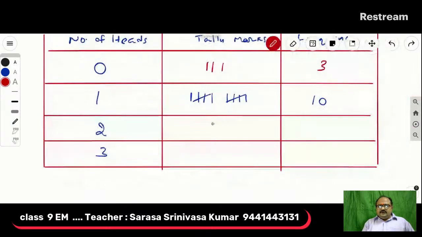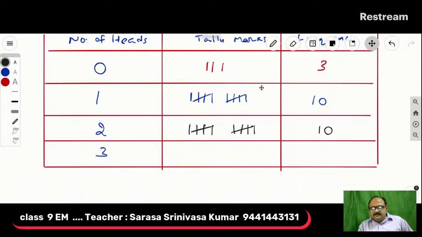So here we should write the frequency of 2 is 10. It is written as 5 plus 5 in tally marks. So 5 tally marks and 5 tally marks. So total tally marks are 10.